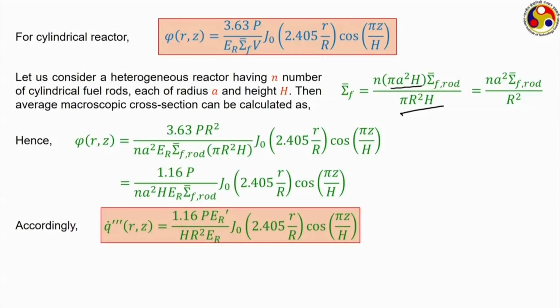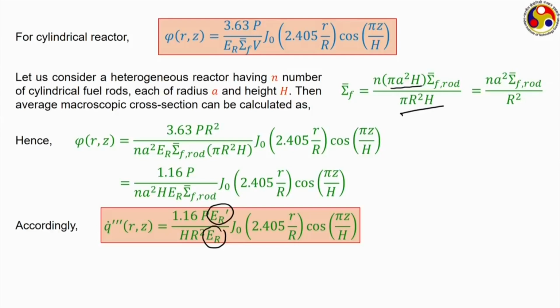So, finally, putting this expression for phi in the previous slide's expression, we get the volumetric rate of energy generation of a form like this. Here, just note that ER and ER prime both appear, where ER refers to the amount of energy released during a single fission reaction. This is a theoretical value, and ER prime is the effective value of that ER, which can be recovered in the form of thermal energy.